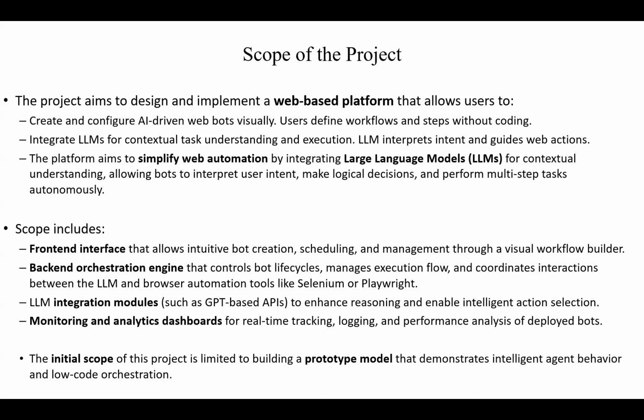The first one is the task success rate, which tells us how many tasks each architecture completes successfully in a given time frame. The second is the tool selection accuracy. Since AI agents interact with multiple external tools, selecting the correct tool is extremely important for successful execution. Third is the execution latency.